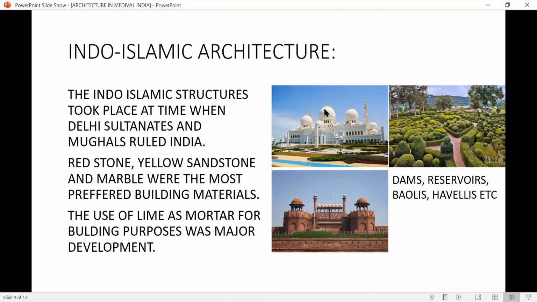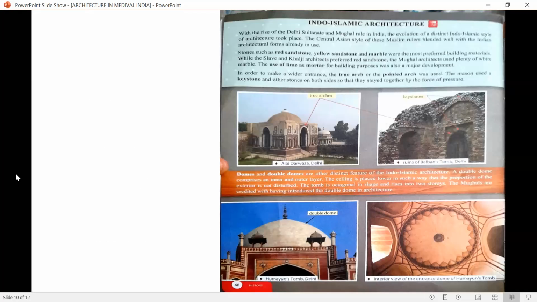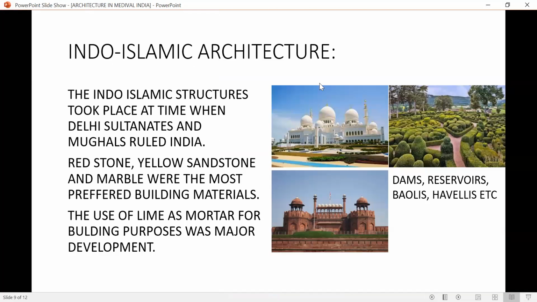The mosque texture is a little bit different. Here we have the mosque, and over here it has a circle-type thing, and there we have the pointed arches. We'll discuss this also.